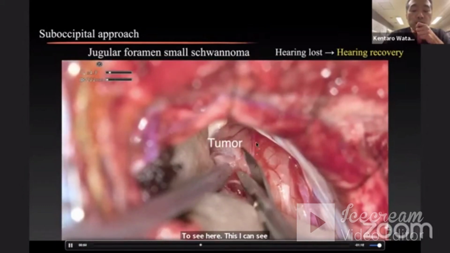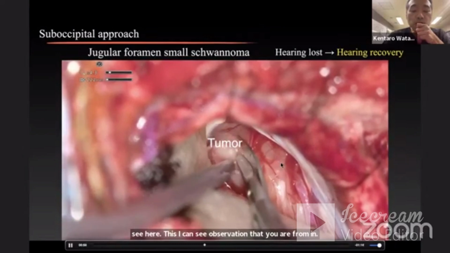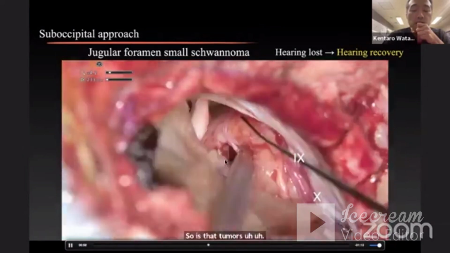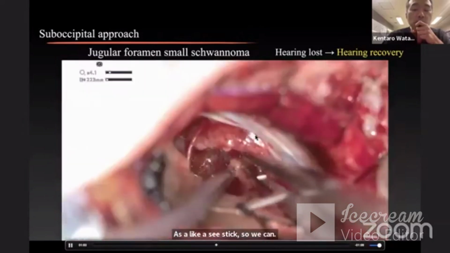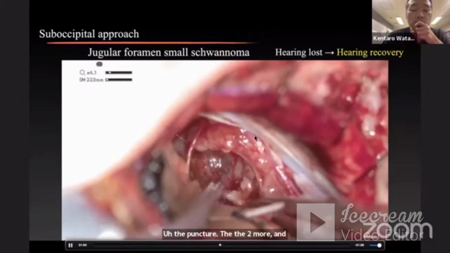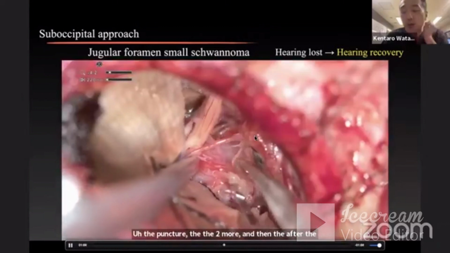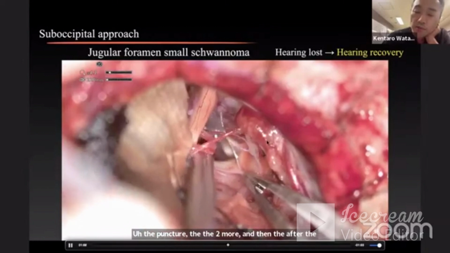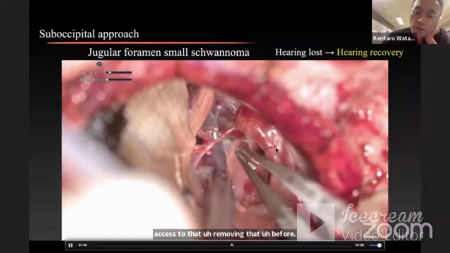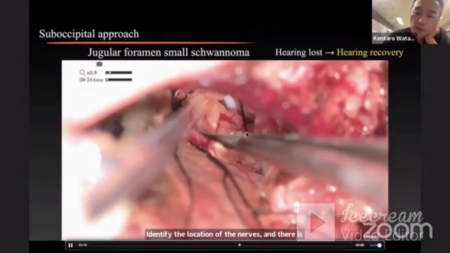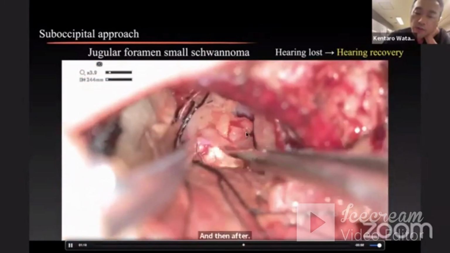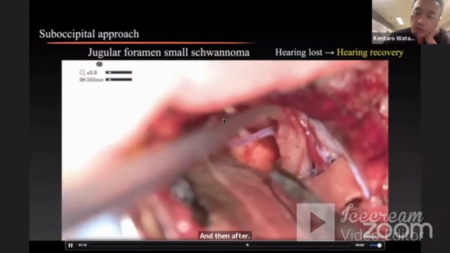The tumor is cystic, so we can puncture the tumor. Before the tumor removal, we have to identify the location of the nerves with neural monitoring like this, and then after that, we can start tumor removal.